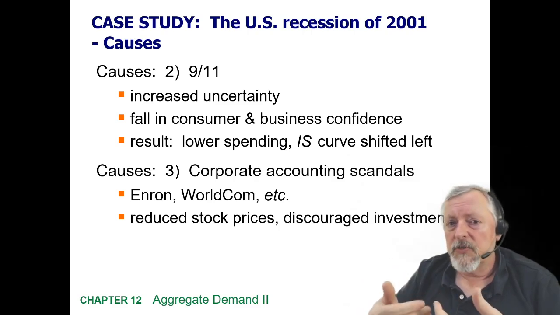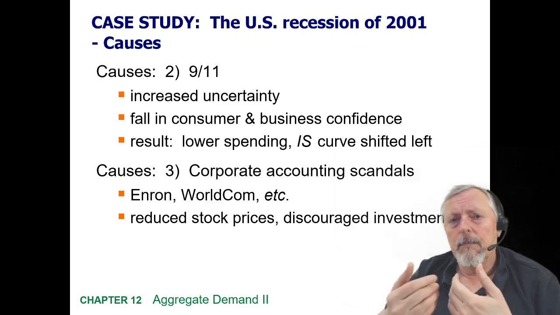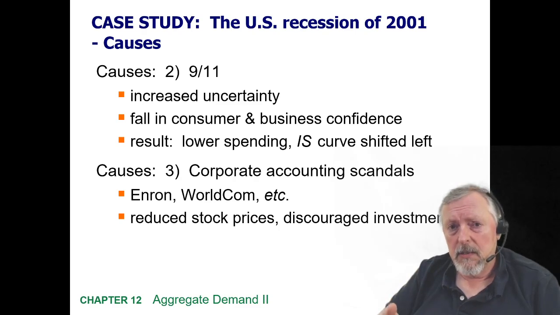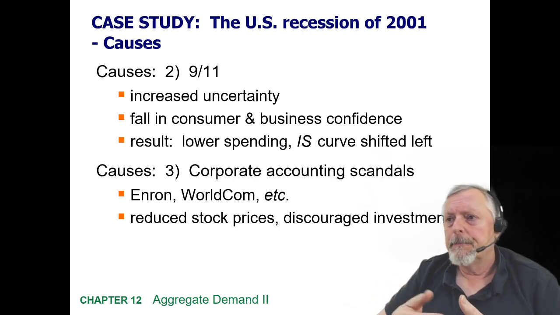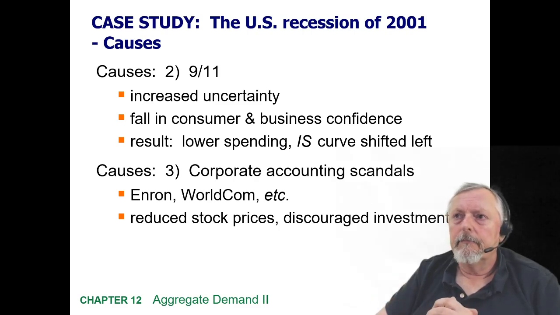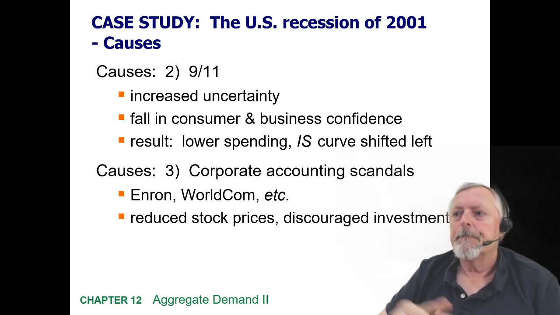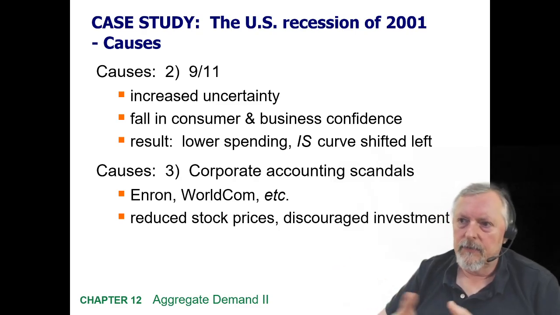People were very uncertain about the future. There was a lot of fear. Well, greater uncertainty can also reduce the willingness of households and businesses to spend. If you're not sure what's going to happen and you're worried, you might want to save a little more just in case. This also can be seen as a shift left in the IS curve.